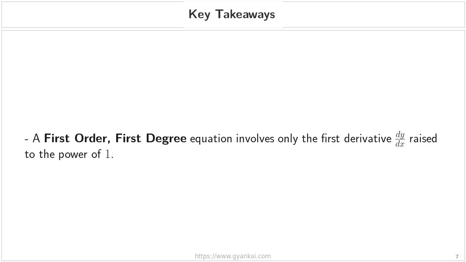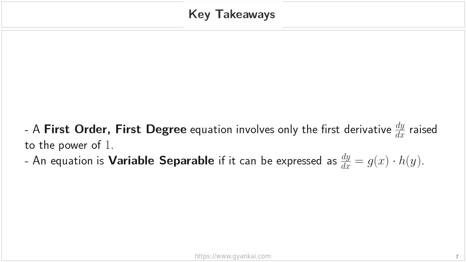Key takeaways. First, remember that when we talk about a first-order, first-degree equation, we are specifically looking for equations where the highest derivative present is just dy by dx, and that derivative is raised only to the power of 1. Second, the defining characteristic of a variable separable equation is that you must be able to express the derivative, dy by dx, as a product of two distinct parts.